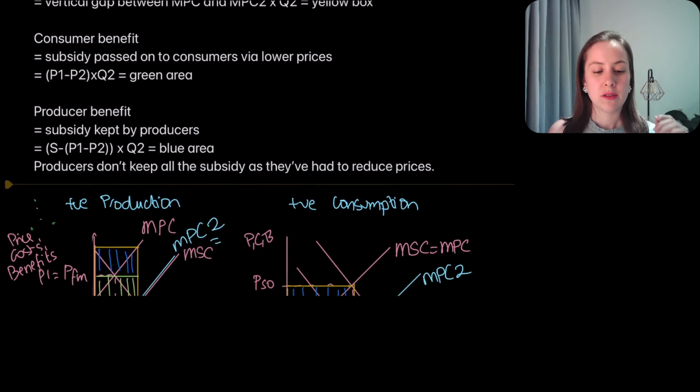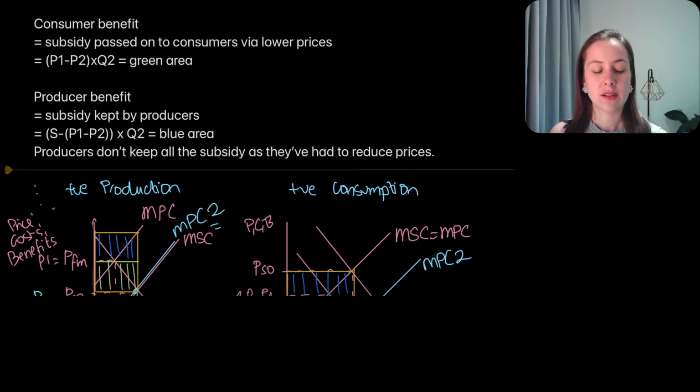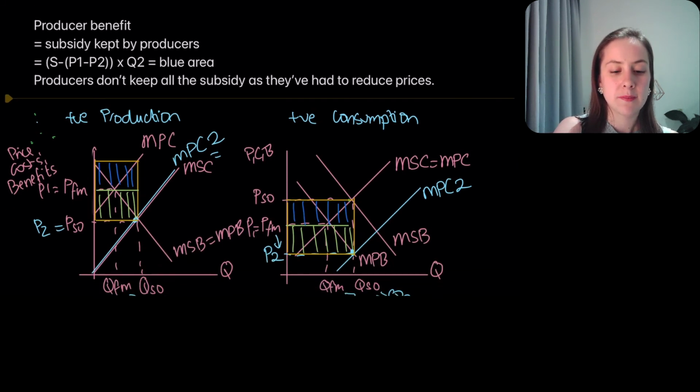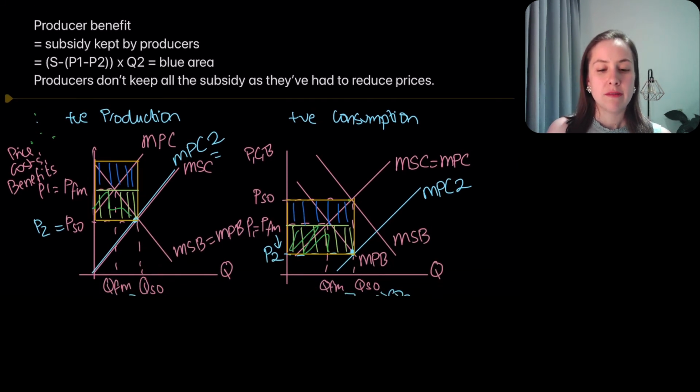Consumer benefit is going to be the reduction in the price. That's the benefit that they receive because of the subsidy, which is the green area here at the bottom. Producer benefit is the blue bit. Unfortunately, the producers weren't able to keep all the subsidy to themselves because they ended up cutting the price. They had to cut the price because the subsidy created excess supply.